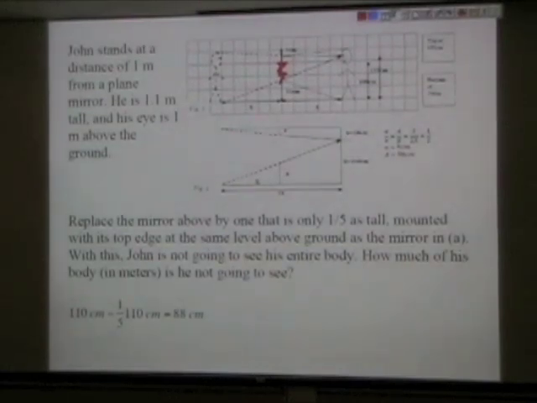Well, this is the person. You can see only this part of the whole image. And this is how much you cannot see anymore. And if the new mirror is located at the same height, but the size is 1/5 of the original one, in that case, you can see only 1/5 of the whole image. And this is how much you cannot see.